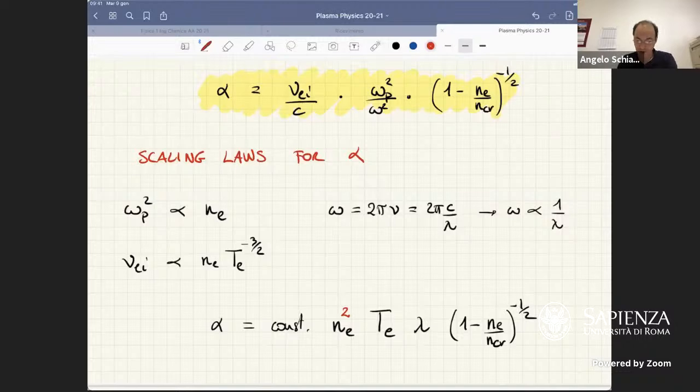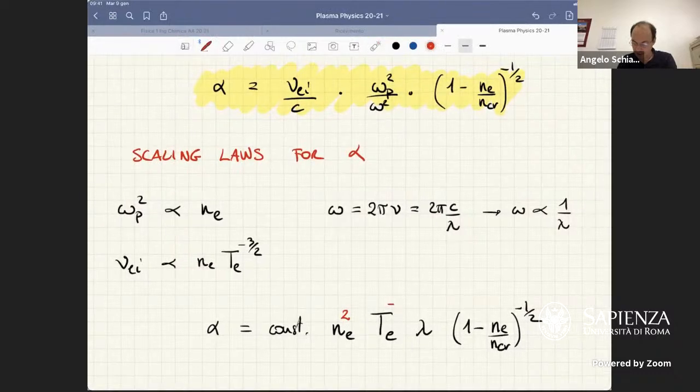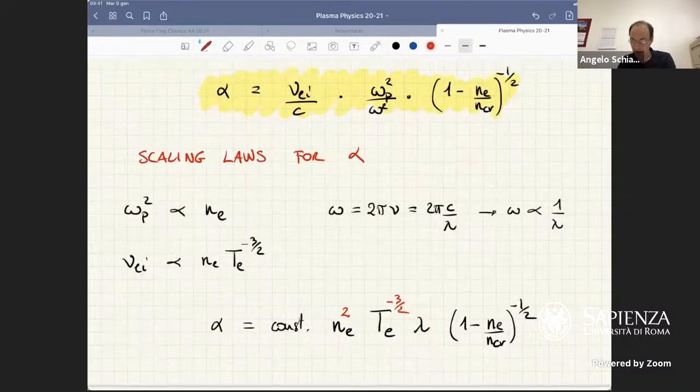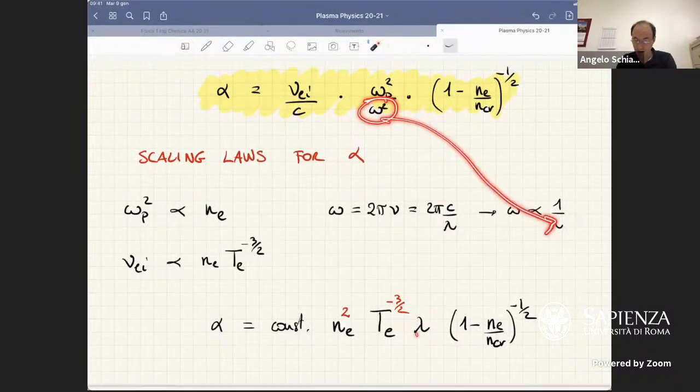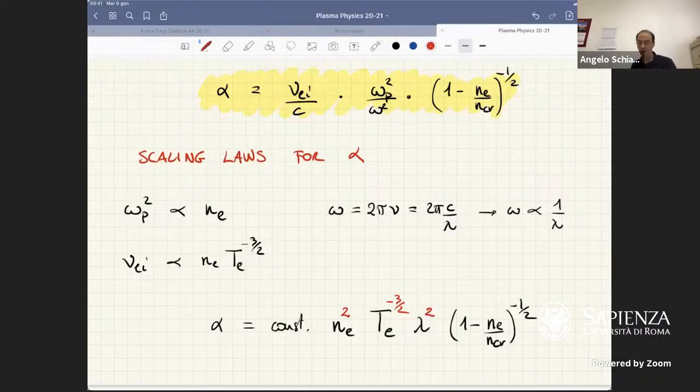Then there is a dependence on the temperature arising from the collision frequency, so it goes as the temperature to the minus 3/2. And here we have omega, and using this dependence, it goes as the wavelength to the second power.